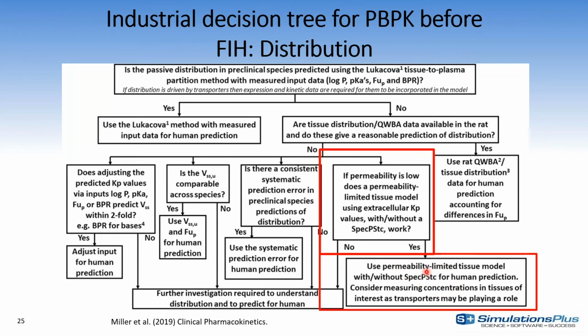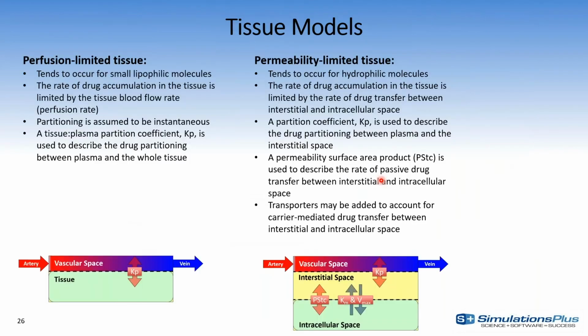Next, we're going to talk about what the specific PStc method mentioned in their paper is and how it works for low permeability compounds. Again, there are 2 types of tissue models provided in GastroPlus: perfusion-limited tissue and permeability-limited tissue.